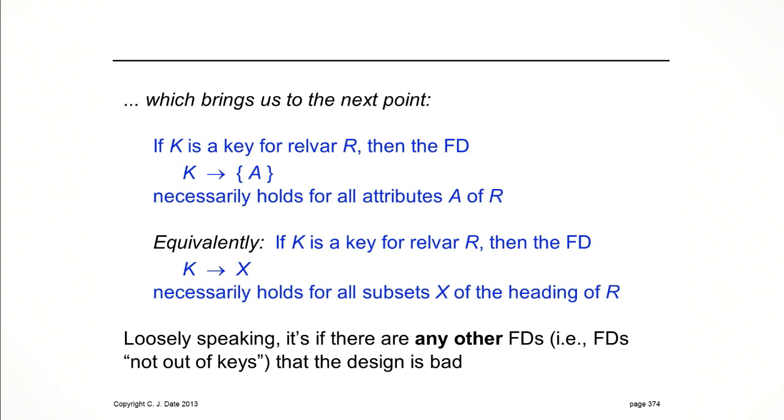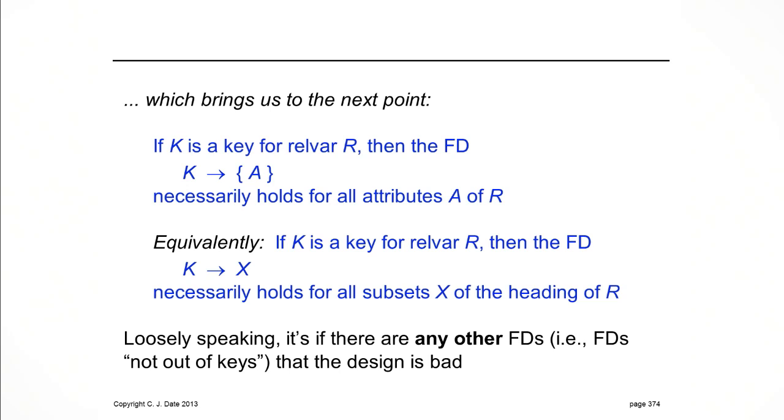Because think about it. K arrow A says whenever two tuples have the same value for K, they have the same value for A. Well, if two tuples have the same value for K, and K is a key, they are the same tuple. And therefore they must have the same value for everything else.